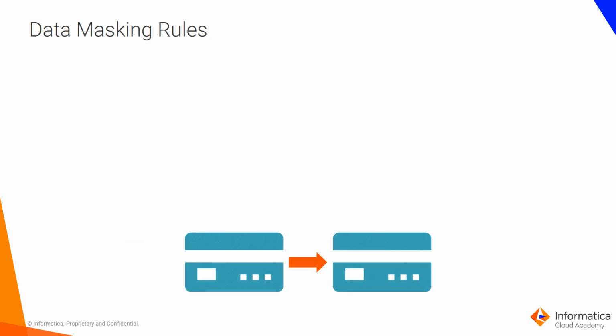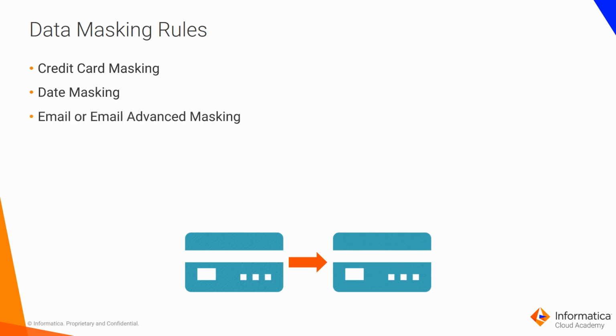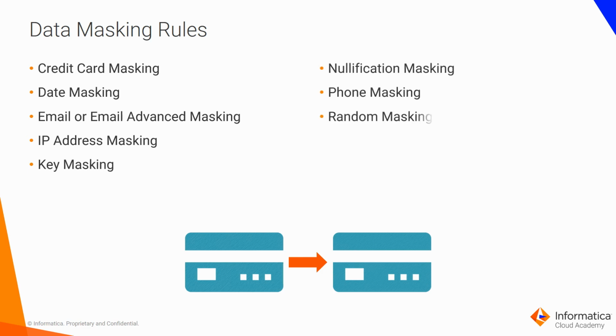So here is a list of the masking rule types available. You have credit card masking, date masking, which includes key date and random date masking, email and email advanced, IP address masking, key masking, nullification, string, phone or random masking, social insurance number or social security number masking, substitution masking.